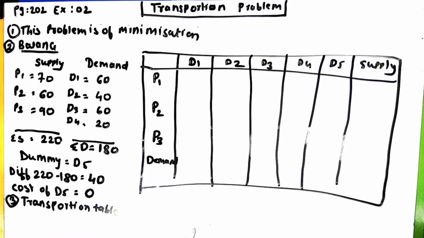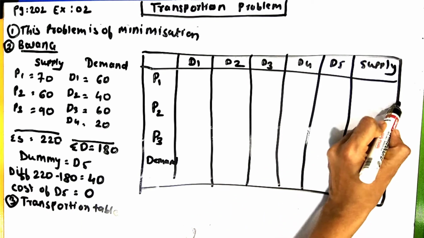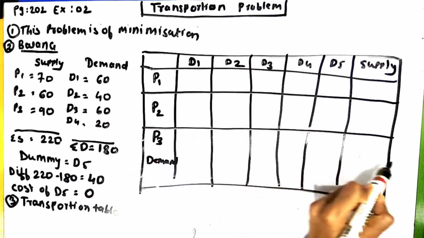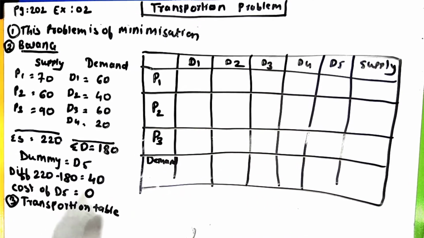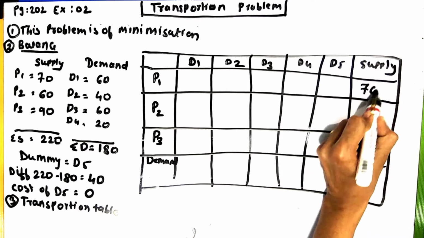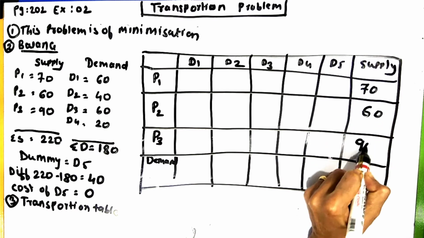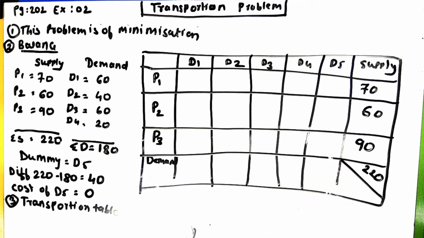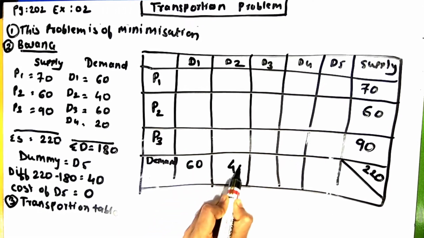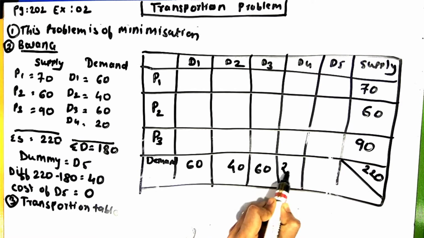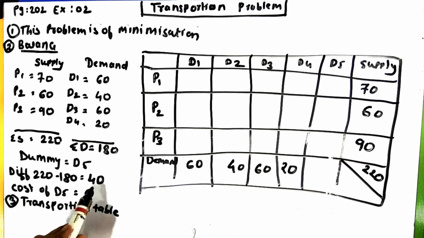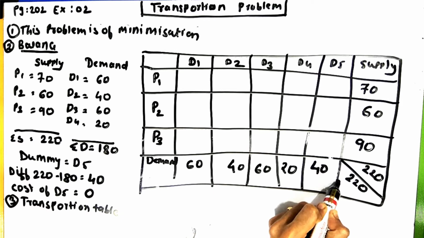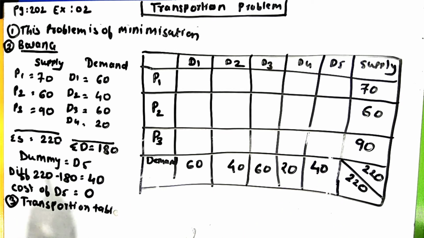At the end of D5 we are going to write the capacities of supply, which are 70, 60 and 90, totalling 220. In the demand side we have 60, 40, again 60, 20, and for the dummy we have considered the value 40, so the difference is 40. Now both sides are equal, which is 220.